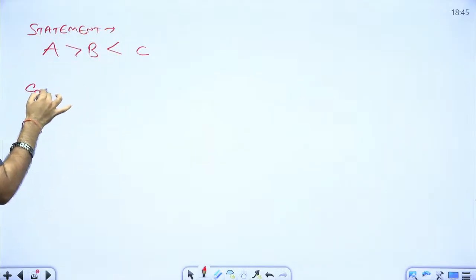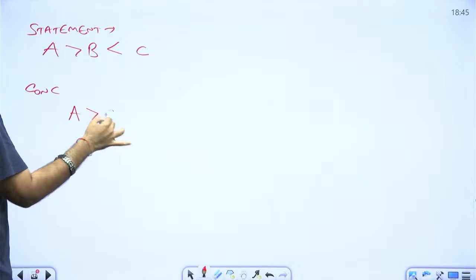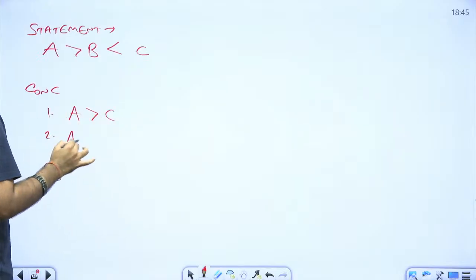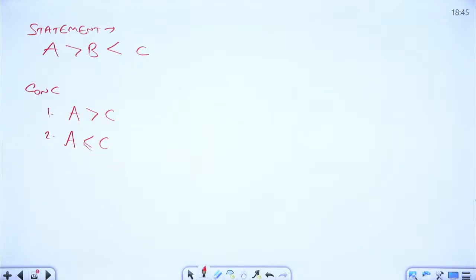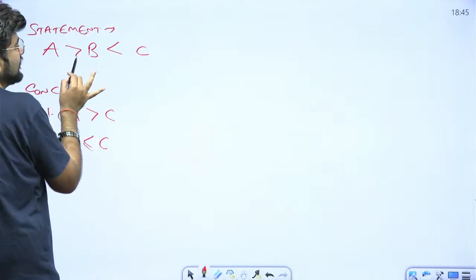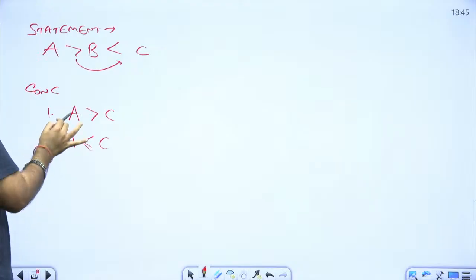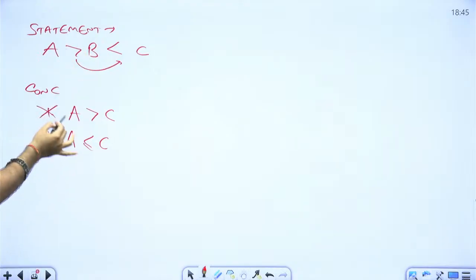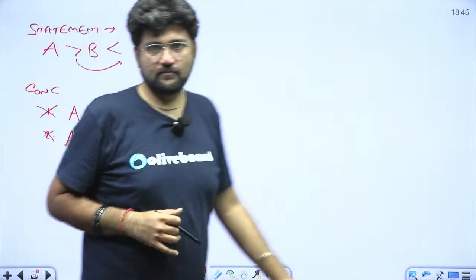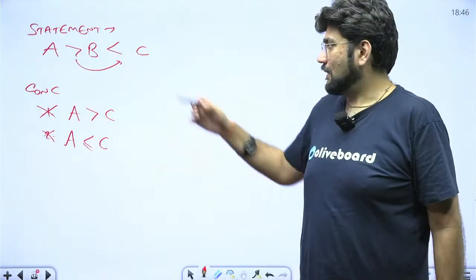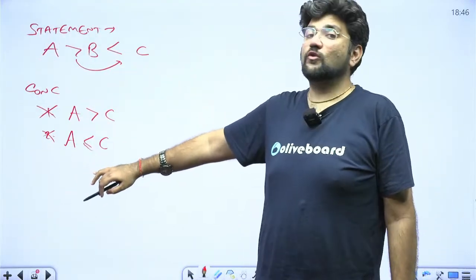And my conclusions are, A is greater than C, A is less than equal to C. Now what are you going to do? You're going to say that I cannot find any relation between them. A greater than C, no, I can't say. A less than equal to C, no, I can't say. So my answer is none follows. But if either or was there in the options, what would you have done?